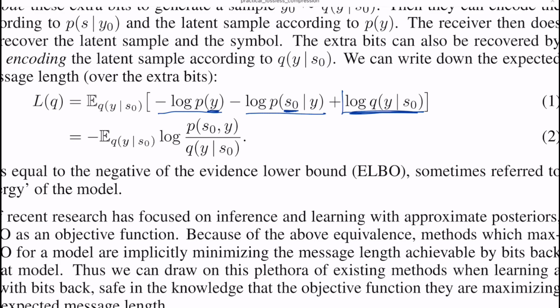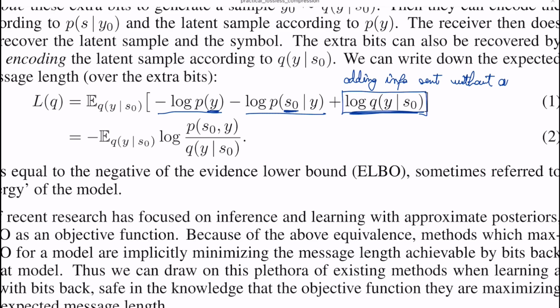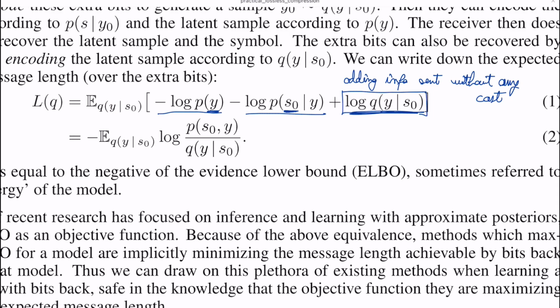So we are sending additional information without any cost using that scheme. And this, of course, needs to be averaged across the posterior of the latent because we do sampling here, remember? And if you do a bit of manipulation, this is exactly minus the ELBO.